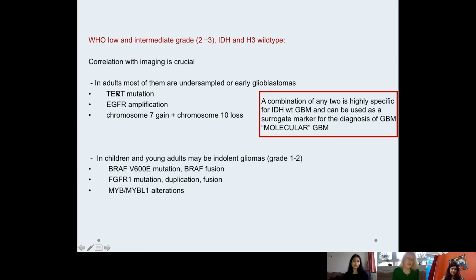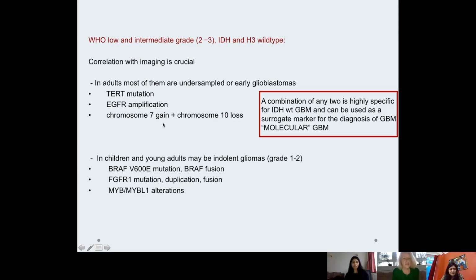And these are the TERT mutation, as was detected in this case, the EGFR amplification, and the combined loss of chromosome 10 and gain of chromosome 7. It has to be the combination of both, not just one of the two. Here, it's important to be a bit careful, in my opinion, because while, for example, the EGFR amplification is truly diagnostic in a way of the IDH wild-type glioblastoma, no other gliomas show EGFR amplification.